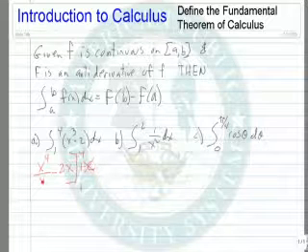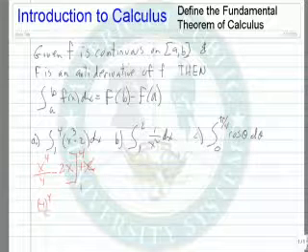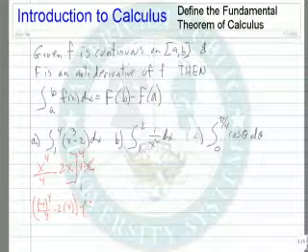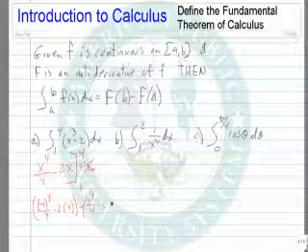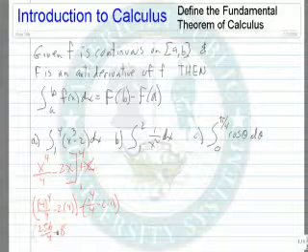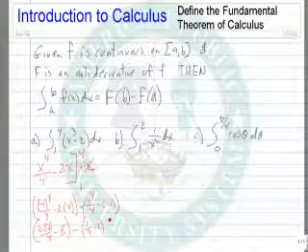We put 4 in for x, so we have 4 to the 4th power over 4 minus 2 times 4, minus, now we substitute 1 in for x, 1 to the 4th over 4 minus 2 times 1, and we have 256 divided by 4 minus 8, minus 1/4 minus 2.